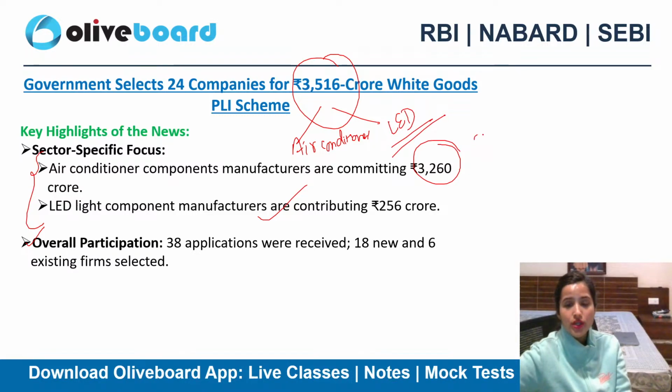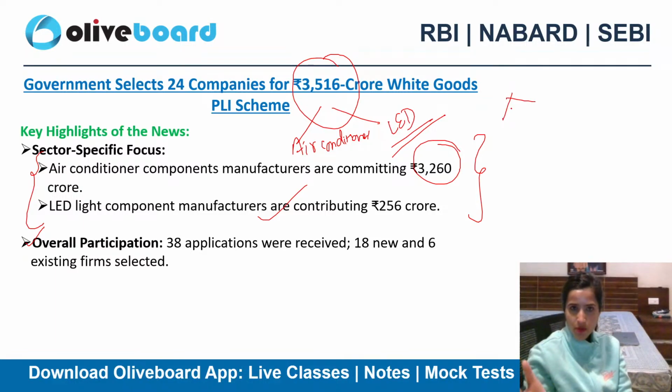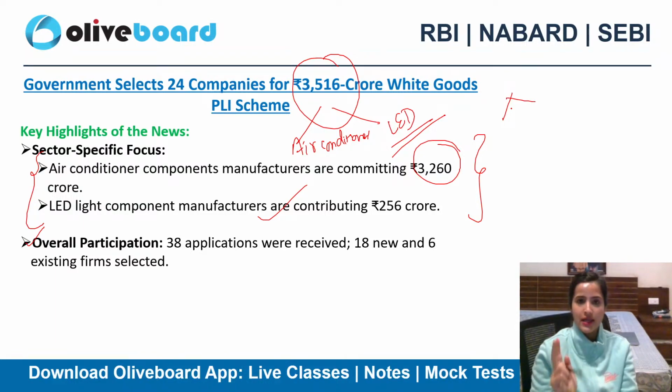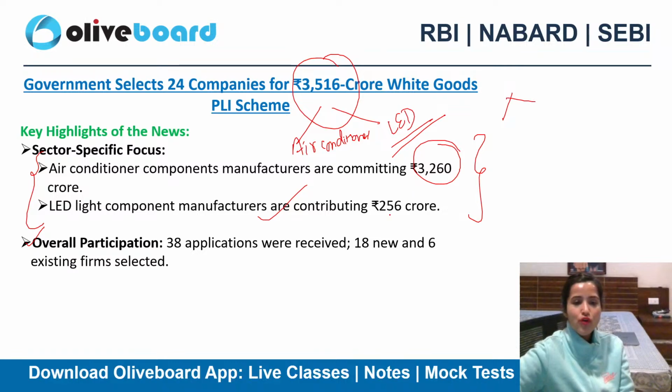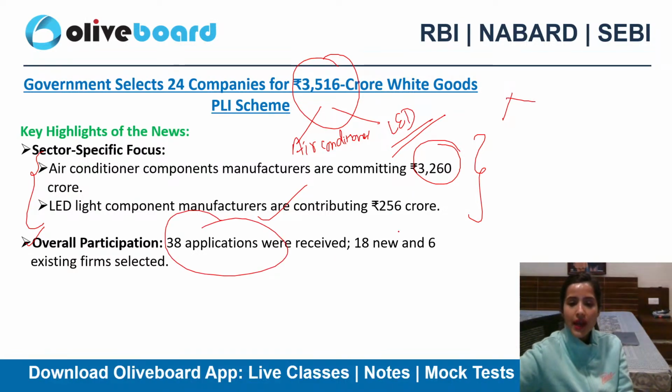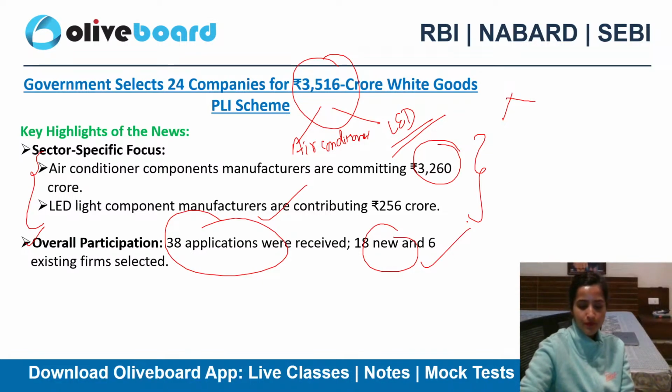So this is also important. This can also be asked in the statements, which two sectors are included in the white goods. White goods are so many, but what are we talking about? Air conditioner, LED. Right? Overall participation, 38 applications were received, 18 new and 6 existing firms selected. Alright, so out of the 38 applications, 24 were selected.